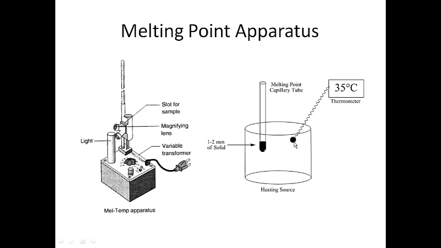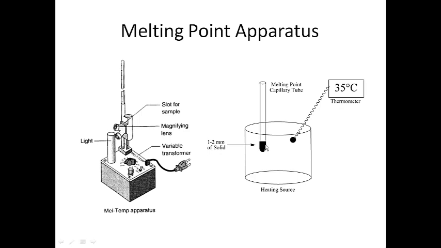A thermometer measures the temperature, and at some point the sample is going to melt. You observe that, usually through a magnifying glass, and then you can determine the melting point of the sample.